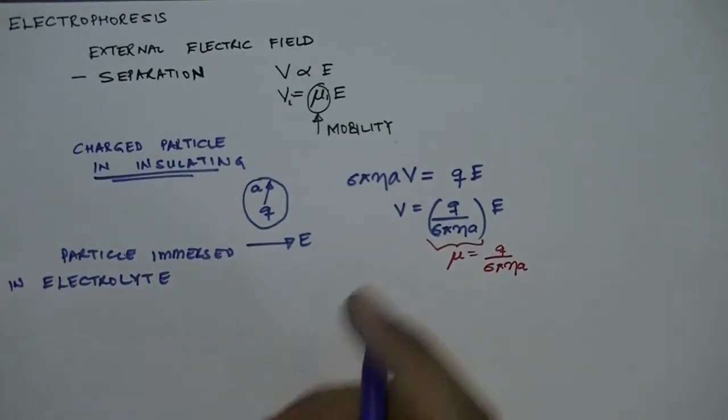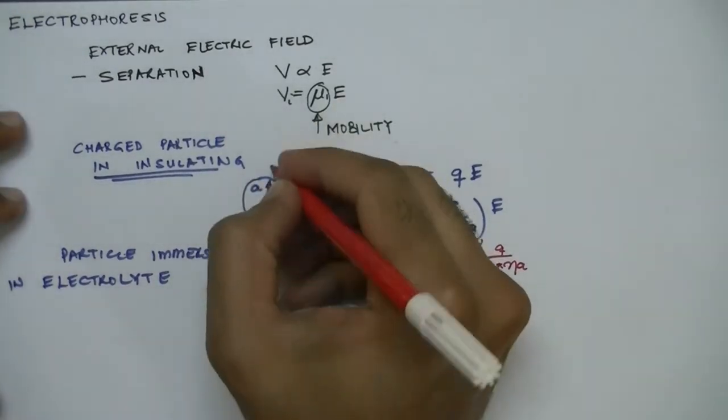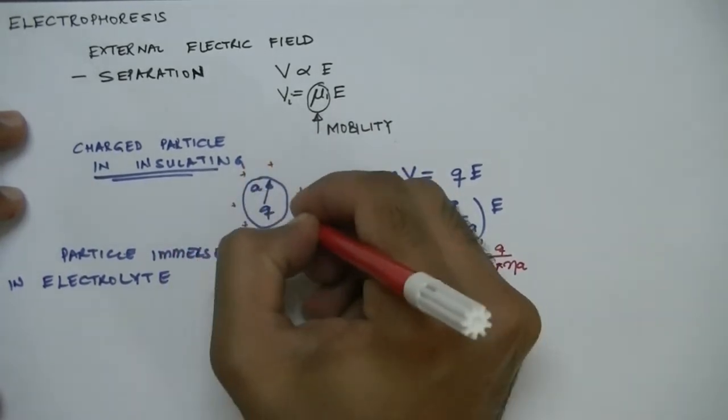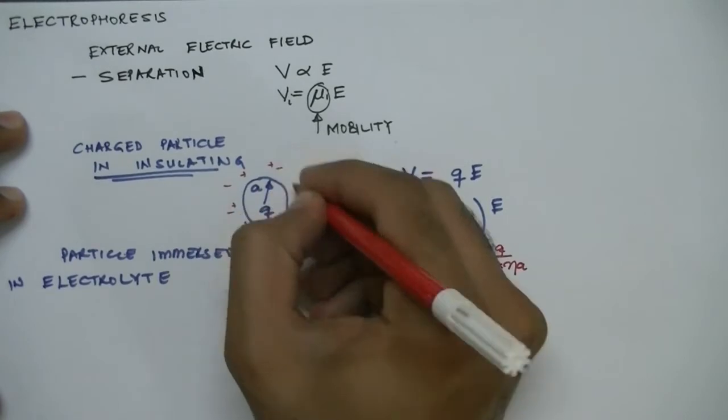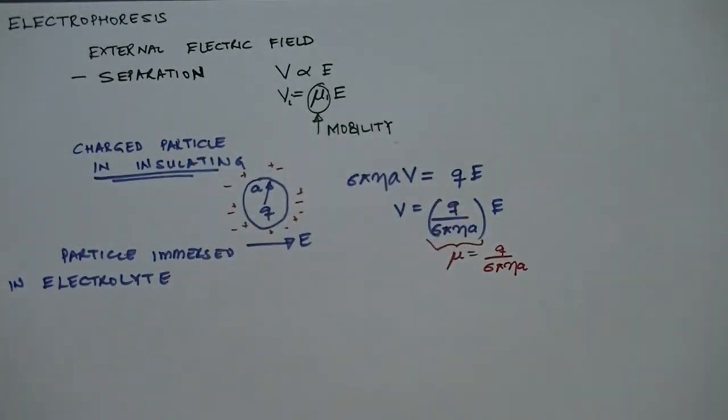Because now you have these mobile ions in the electrolyte solution which can be attracted or repelled due to the charge on this particle, and that will affect the mobility.